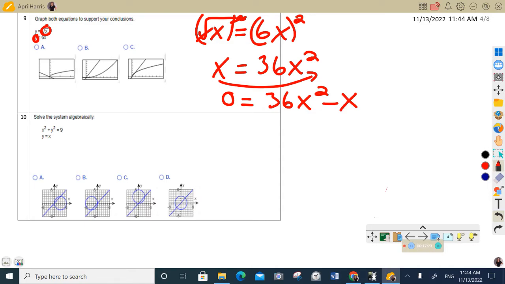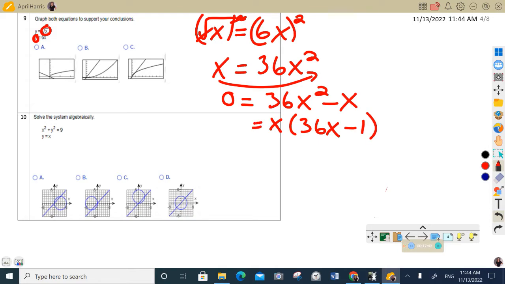What I notice here is both of these terms in this binomial have an x in them. So I'm going to factor out an x, and that leaves me with 36x minus 1. Factor means divide, so 36x squared divided by x is 36x, and negative x divided by x is negative 1.